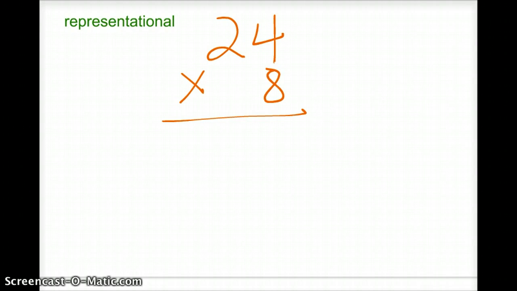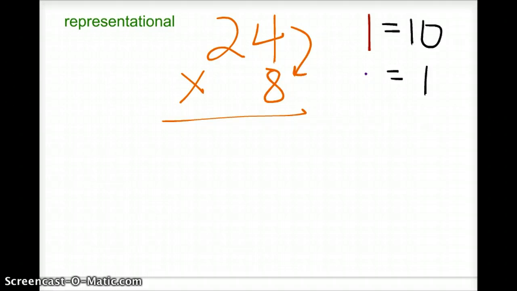And what I would do is I would literally draw this out so that they could see it. For instance, I would use one of these to represent 10, and one of these dots to represent 1. So what this problem is asking me to do is to take 24 and reproduce it 8 times.